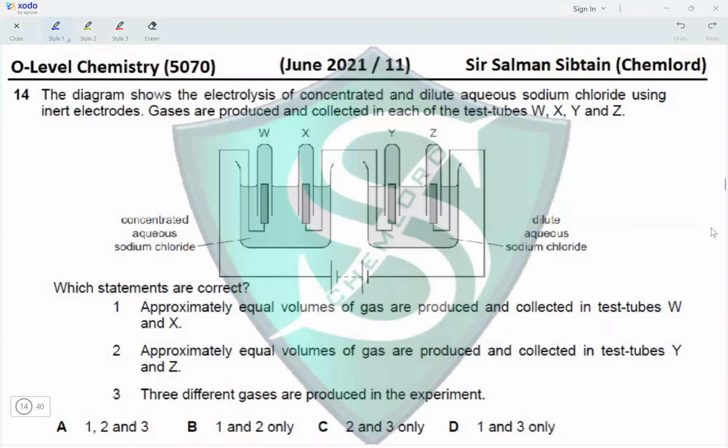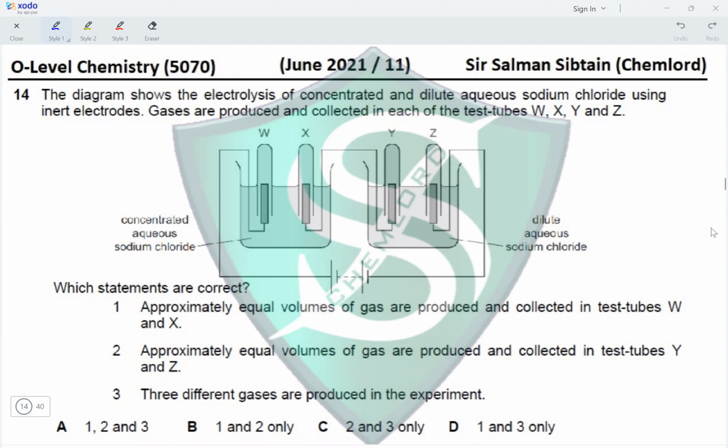Question 14. The diagram shows the electrolysis of concentrated and dilute aqueous sodium chloride using inert electrodes. Gases are produced and collected in each of the test tubes W, X, Y, and Z. Which statements are correct?